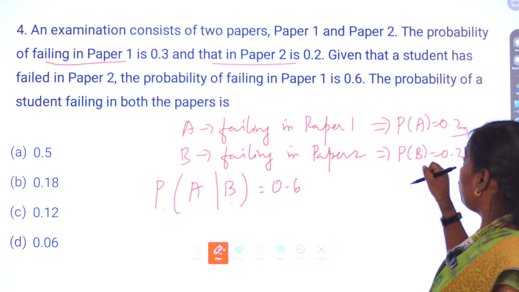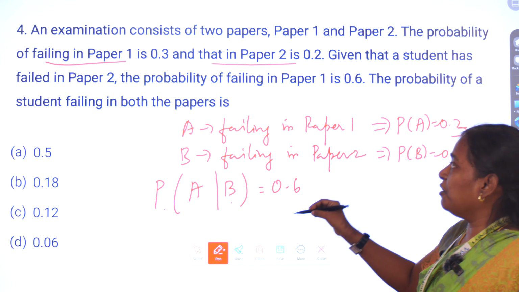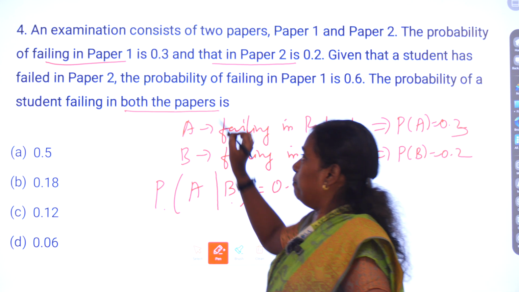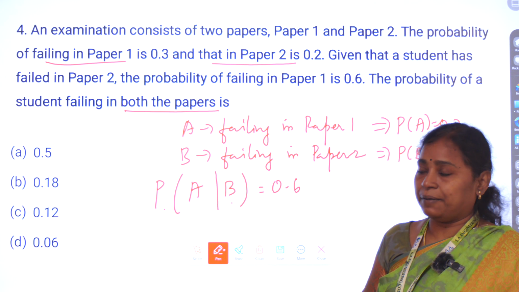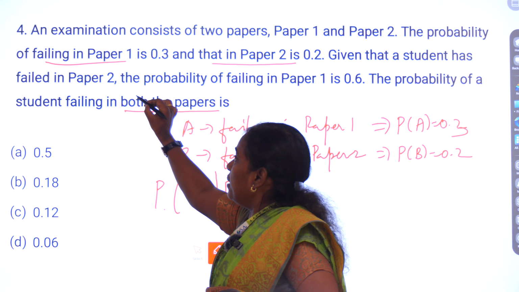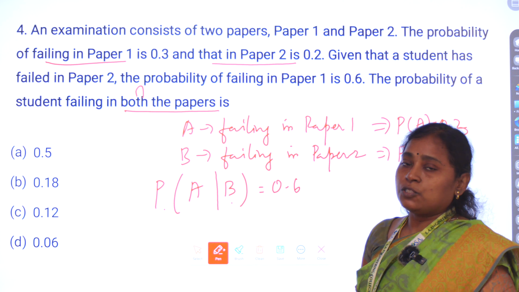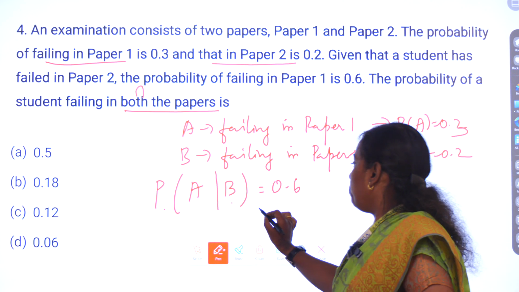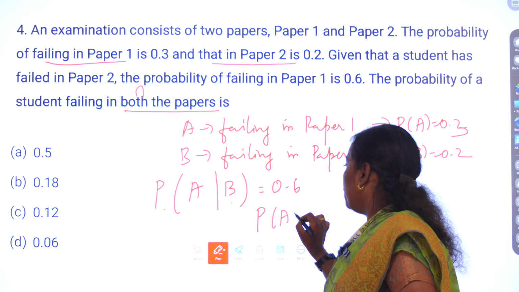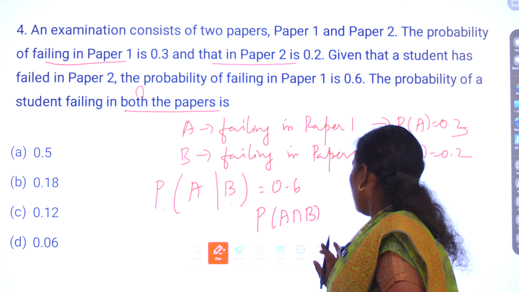Now what do you need to find? The probability of a student failing in both the papers. What is meant by both the papers? Both means "and", which is nothing but intersection. Whenever you have intersection, it means "and".